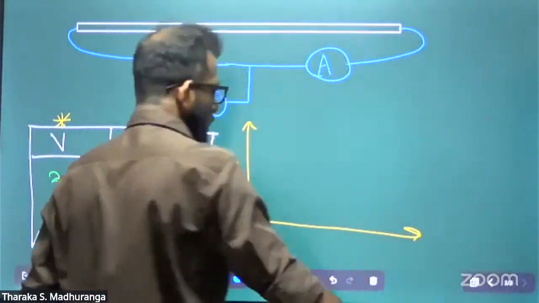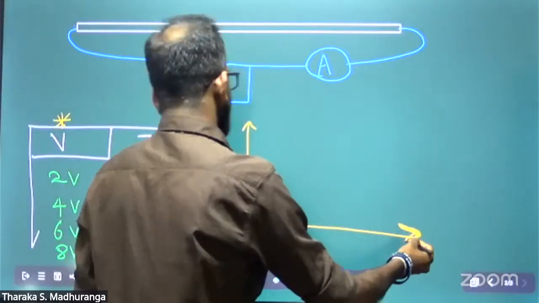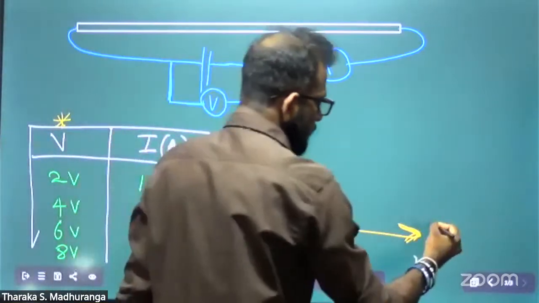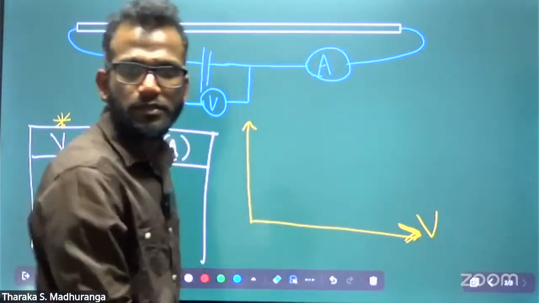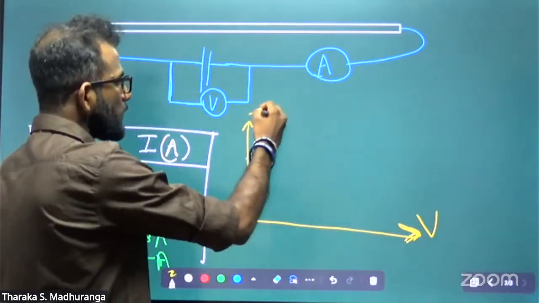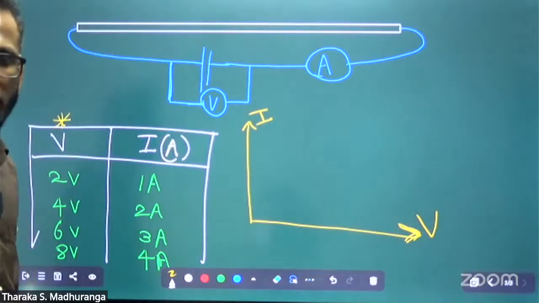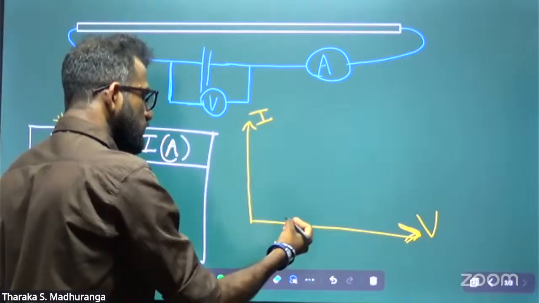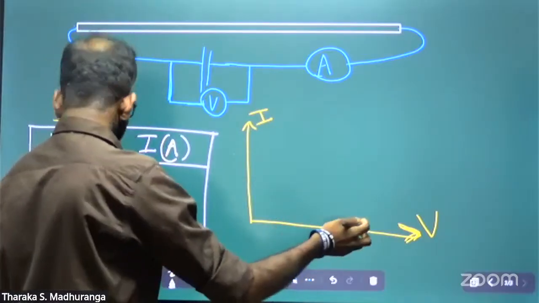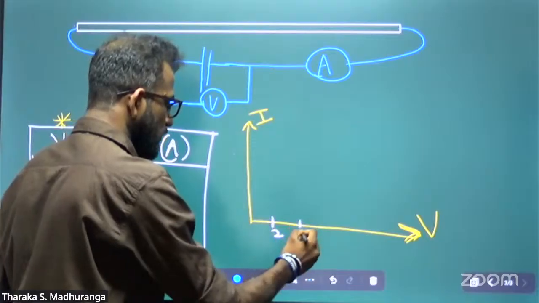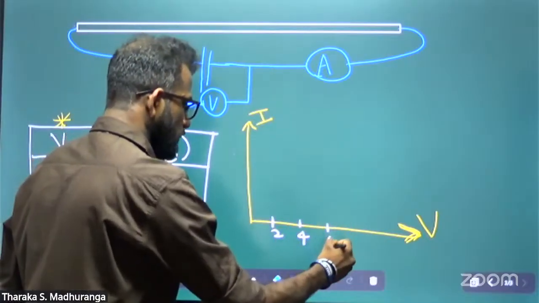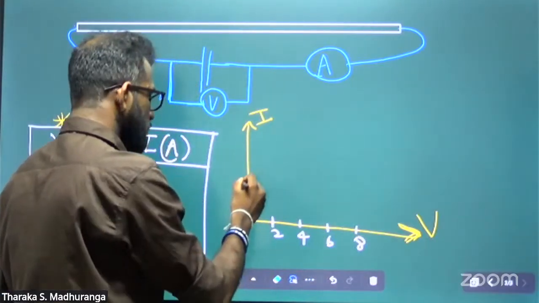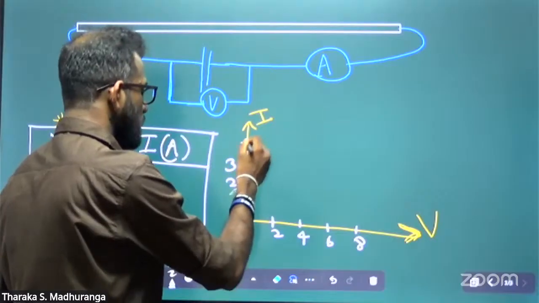If we change the current and measure the voltage, then it is different. Then the voltage should go here and the current on the y-axis. You just need to mark these values. Voltage 2, 4, 6, 8 and current 1, 2, 3, 4.